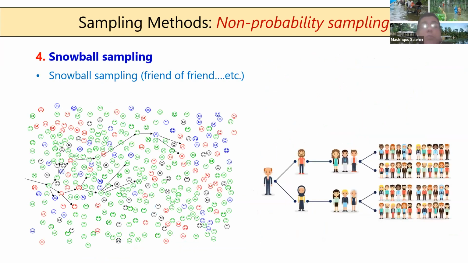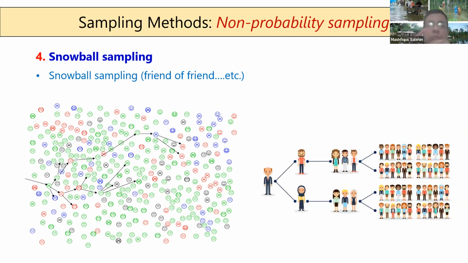And snowball sampling is another non-probability sampling method. This is also referred to as the chain referral sampling method. You select a primary data source, maybe one person, and then you ask that person, I would want to interview another person like you who has had similar experience, who has experienced that particular thing as you have. Can you suggest one name or a few names?